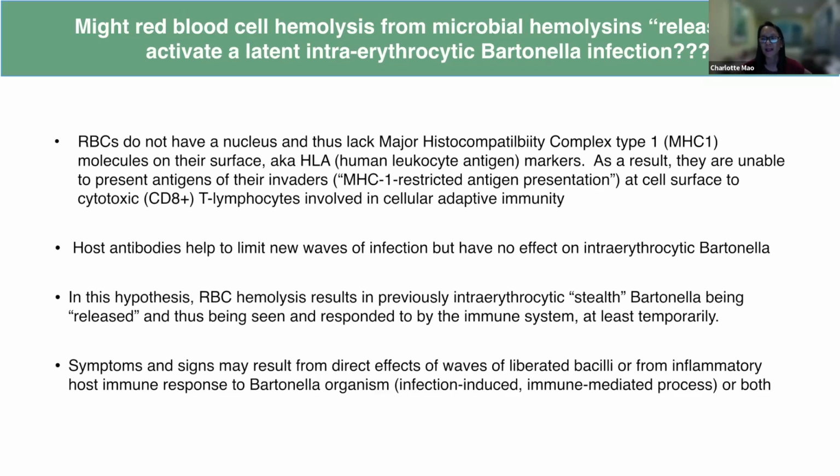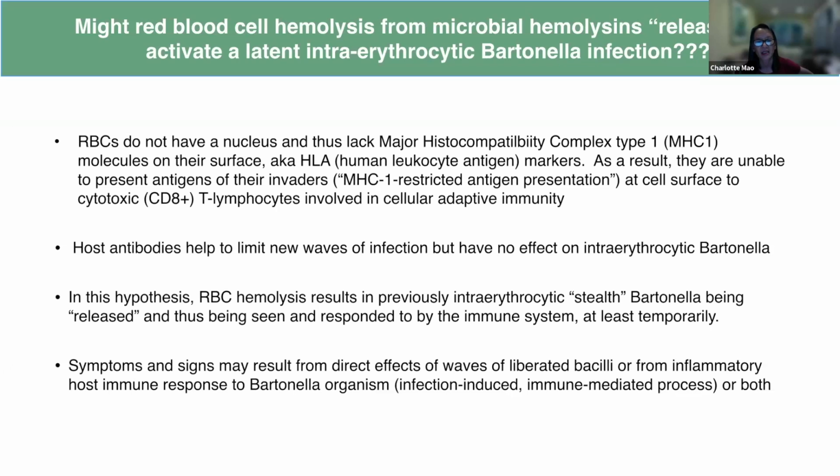These can be thought of sort of like a flagpole on the surface of a cell, and when a cell is invaded by an intracellular organism, a part of the organism is raised up this MHC1 flagpole to alert the immune system, hey, this is what has invaded me, come respond to this organism. But because red blood cells do not have this MHC1, they are unable to present antigens of their invaders at the cell surface to cytotoxic CD8 T lymphocytes that are involved in cellular adaptive immunity.